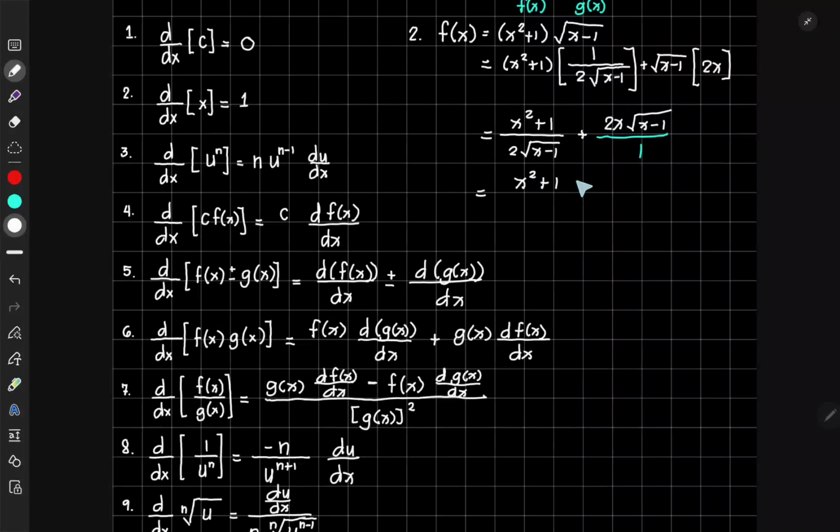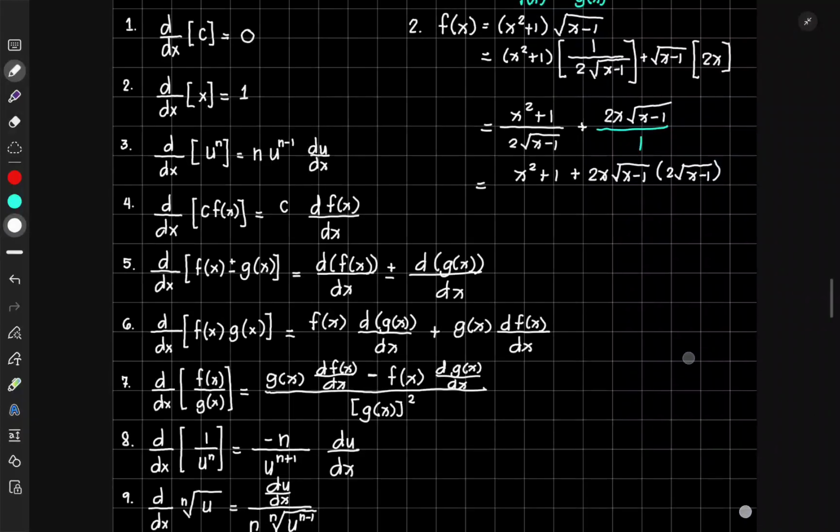Then, dito naman is plus 2x multiplied by the square root of x minus 1 multiplied by yung least common denominator nila, which is 2 square root of x minus 1. So, this is all over yung LCD, which is 2 square root of x minus 1.